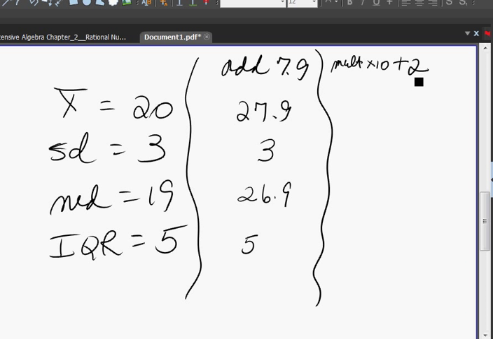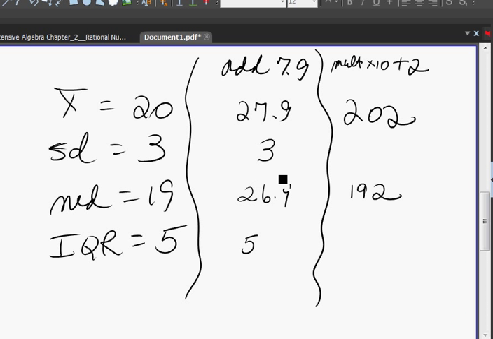Okay, so I'm going back to the 20. I multiply that by 10 and get 200. Add 2 and get 202. What's my new median? 192. Okay. Now my standard deviation and my IQR.